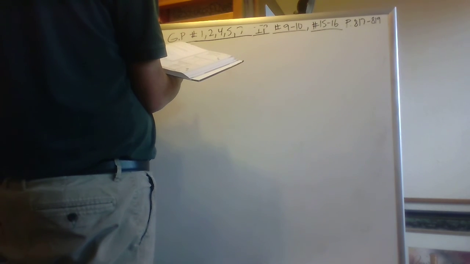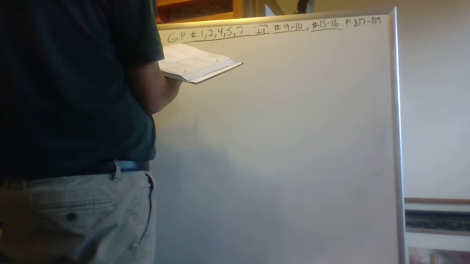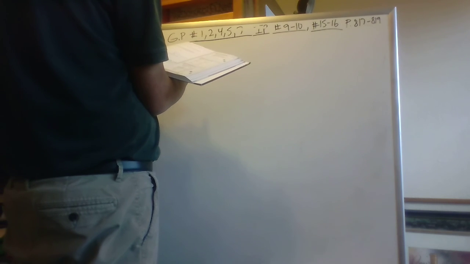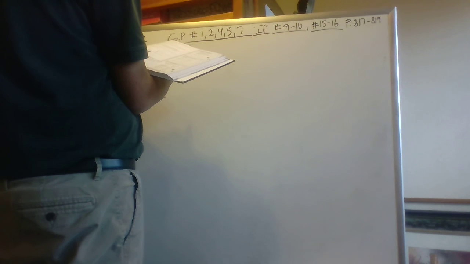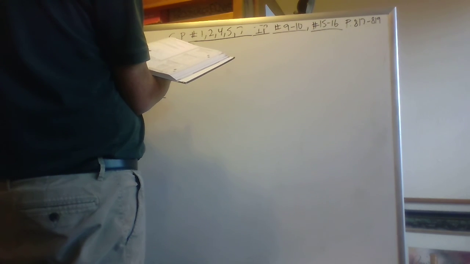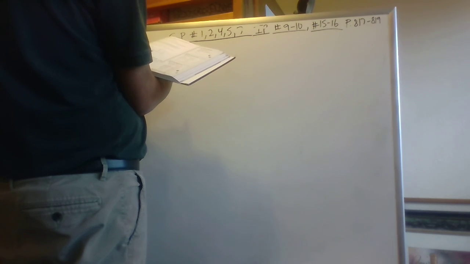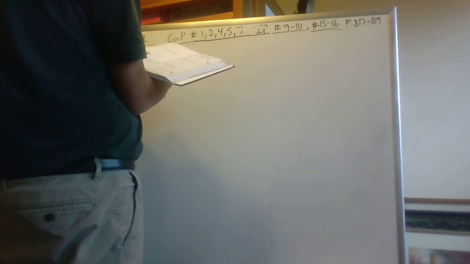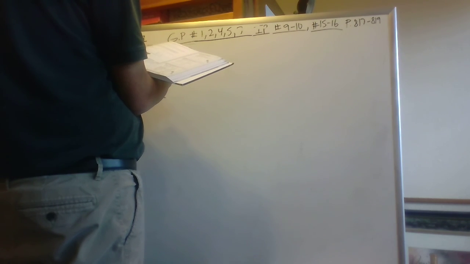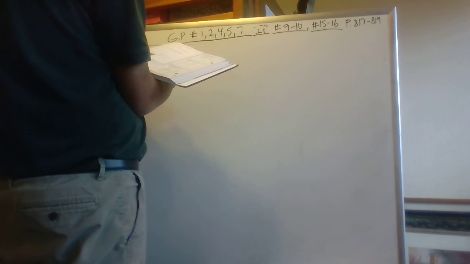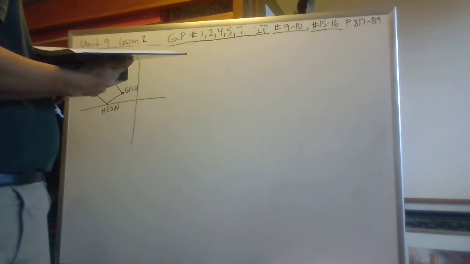We also have point G right here that is -1 and 2. We have point F right here that is -5 and 3. And we also have H, which is at -3 and 0.